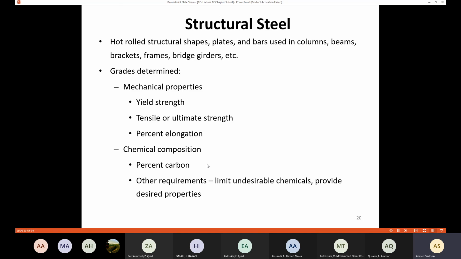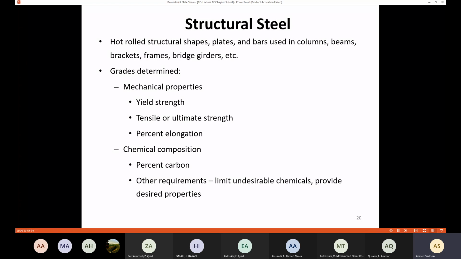Now we know the role of the carbon in the behavior of the steel. And also we have other requirements, because by limiting undesirable chemicals, we're going to provide desirable properties. So if you limit some chemical, then you are going to improve the desired properties.